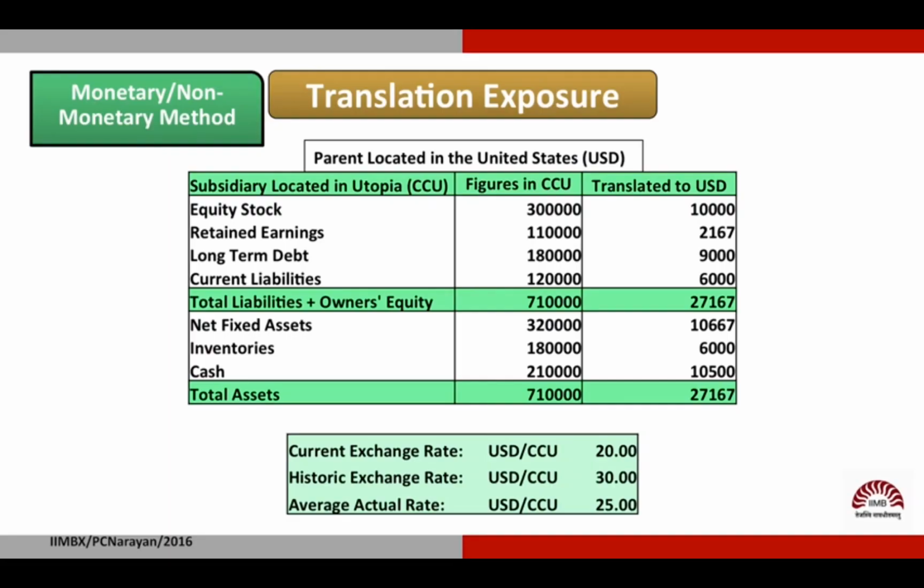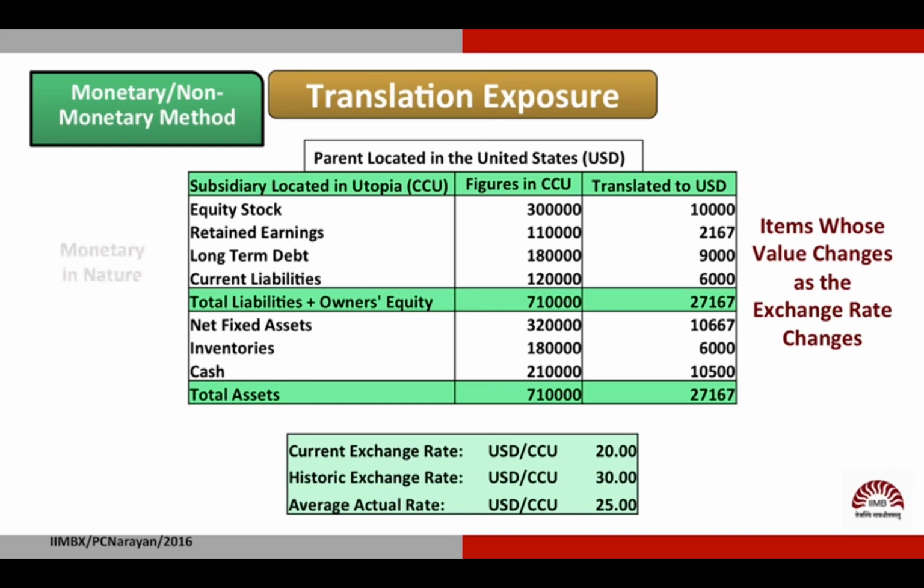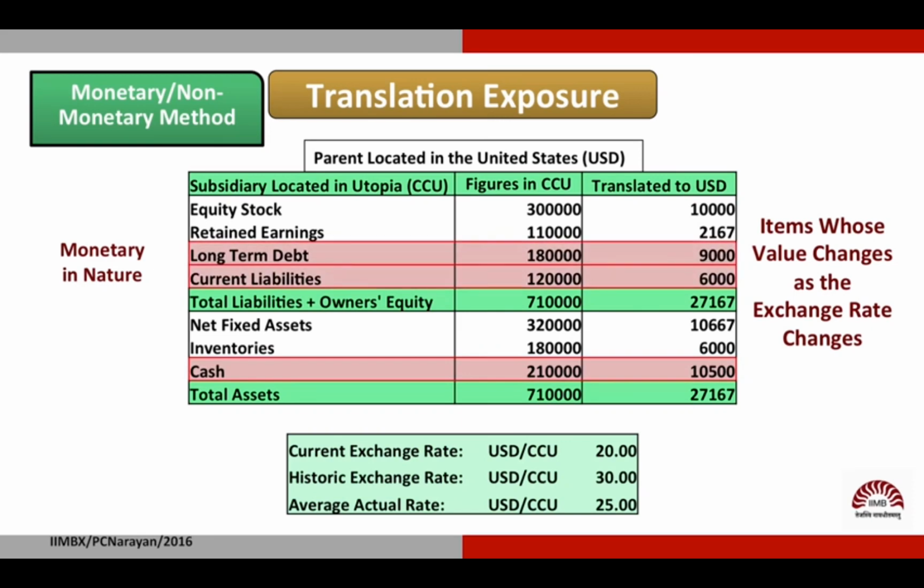The second method of translation is the monetary non-monetary method. In this method, all balance sheet items that represent a sum of money, that means items whose value changes as the exchange rate changes, and hence they are called monetary in nature, such as cash, debt, current liabilities, etc., are translated at the current exchange rate.